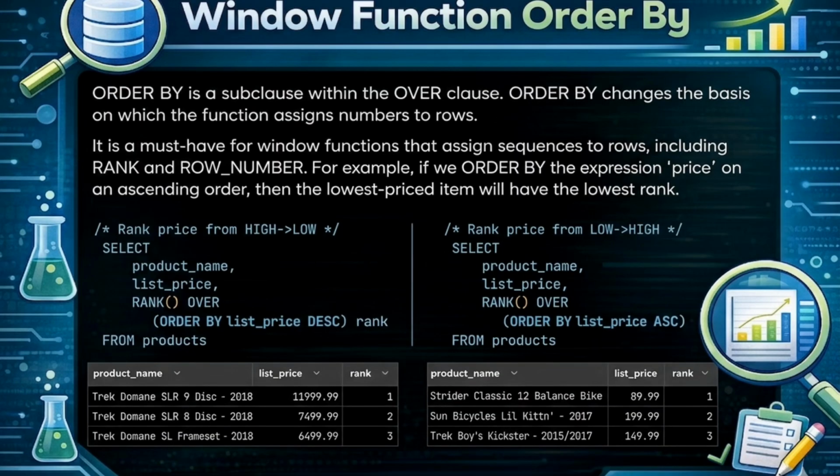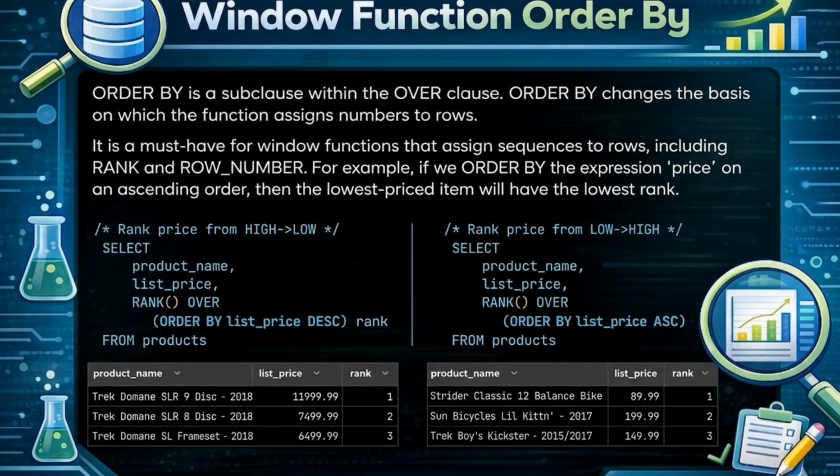Here's the query. Select product name, list price, rank function over order by list price descending as rank from products. In this case, the highest priced products get the top ranks. For example, Trek Domain SLR 9 Disc 2018, priced at $11,999.99, gets rank 1.